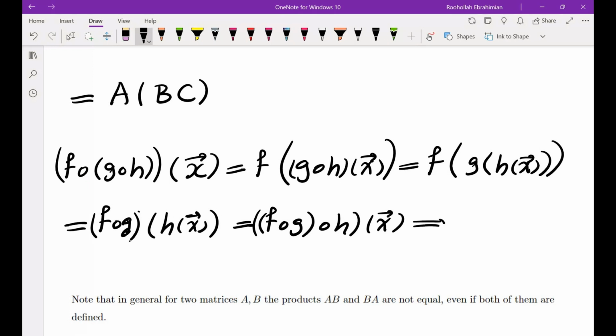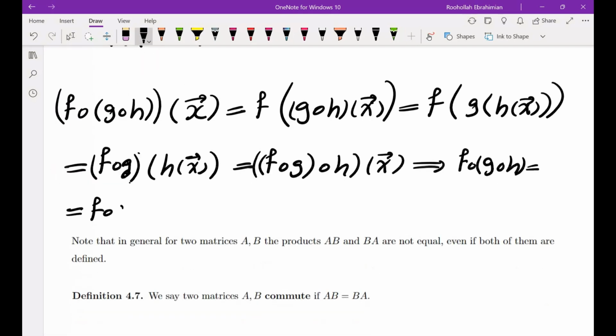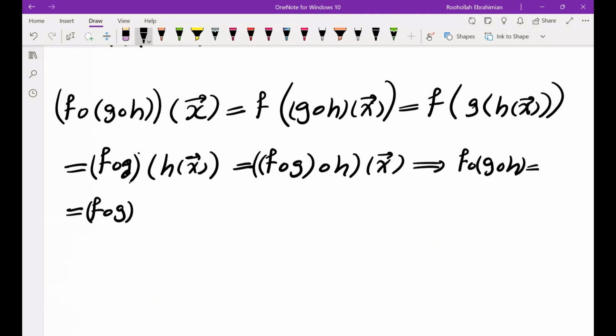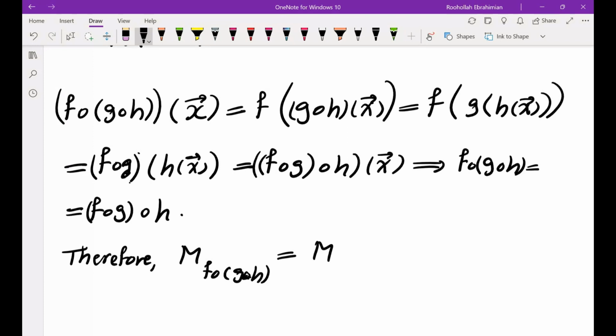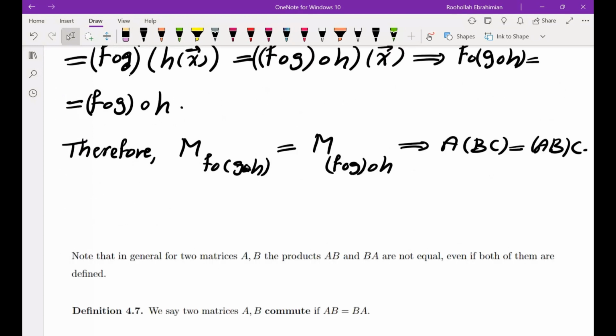So what does that mean? It means (f∘g)∘h is the same as f∘(g∘h). So since these two transformations are the same, their matrices must be the same. Because we know that the matrix is unique, the matrix of (f∘g)∘h is the same as matrix of f∘(g∘h), which means A times BC is the same as AB times C. And that proves this part of this theorem.